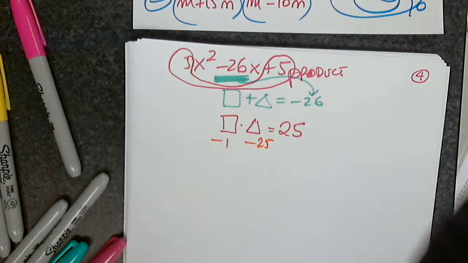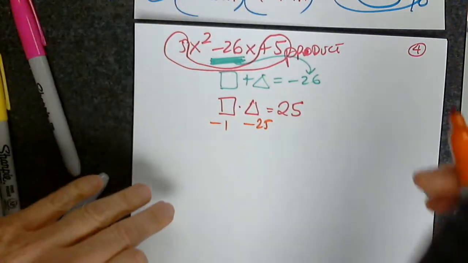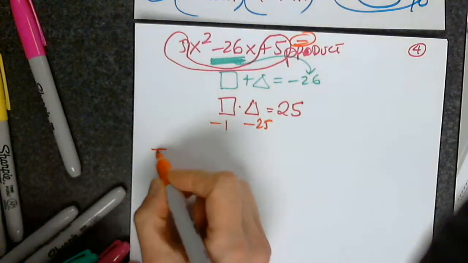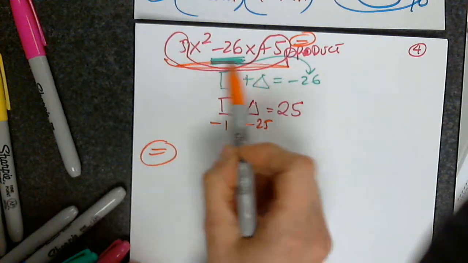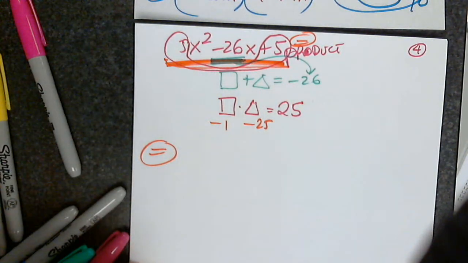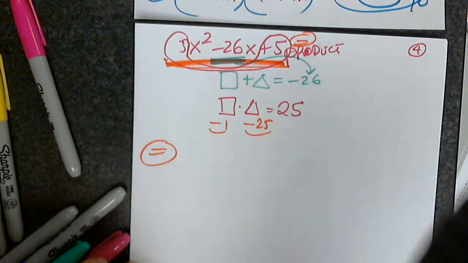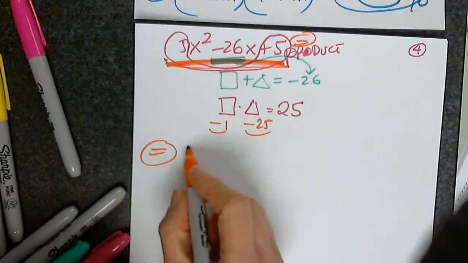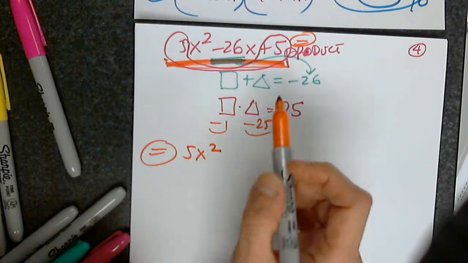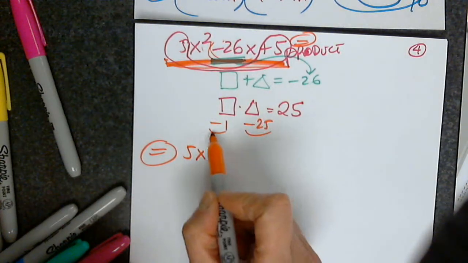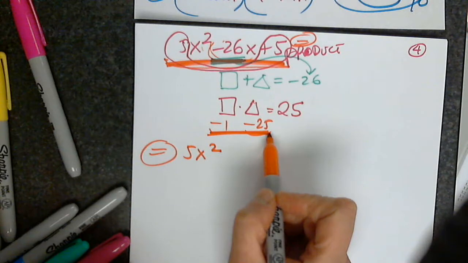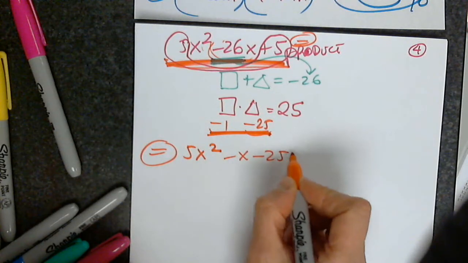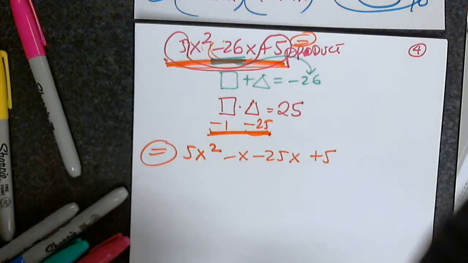Now here's what happens next. I will rearrange this whole thing using the numbers that you just gave me. How do I do that? I copy 5x squared, I can't do anything to that. But instead of this, I write this as minus x minus 25x plus 5.